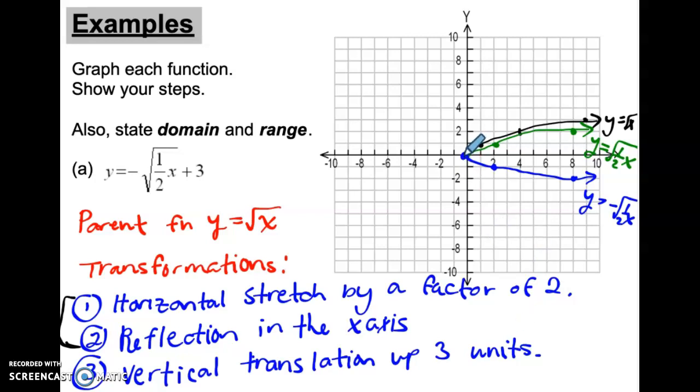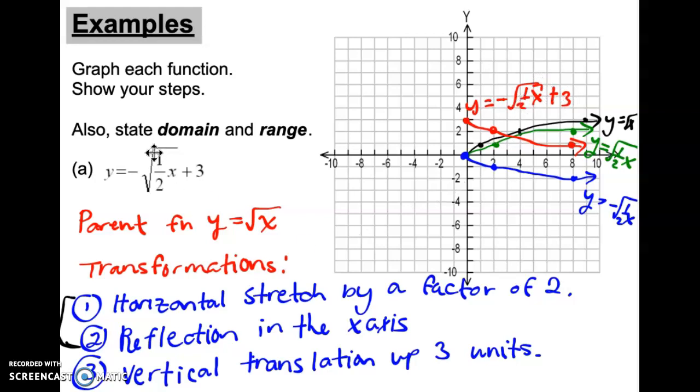So I'm just going to take all of my new points in blue, and move them up 3 units. And there is my final graph.